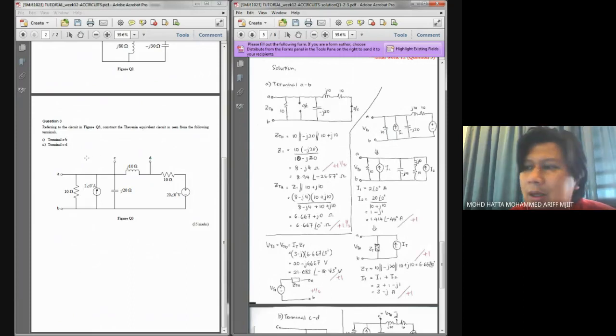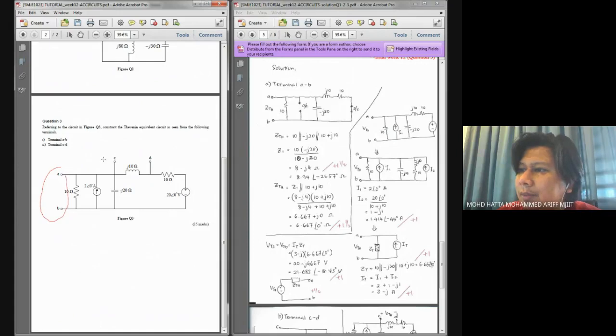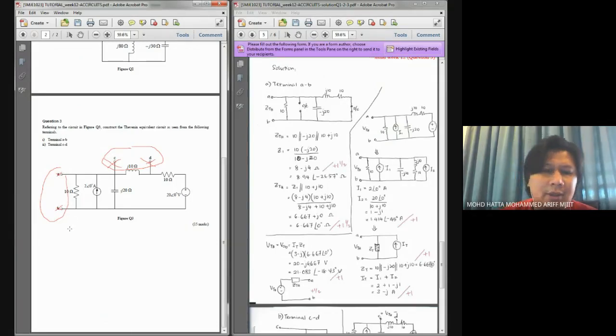We have 4 terminals over here, but we consider 2 terminals at a time. The first part is terminals A and B, and we should neglect the other terminals first. The second part is the other terminals, and we should neglect terminals A and B.